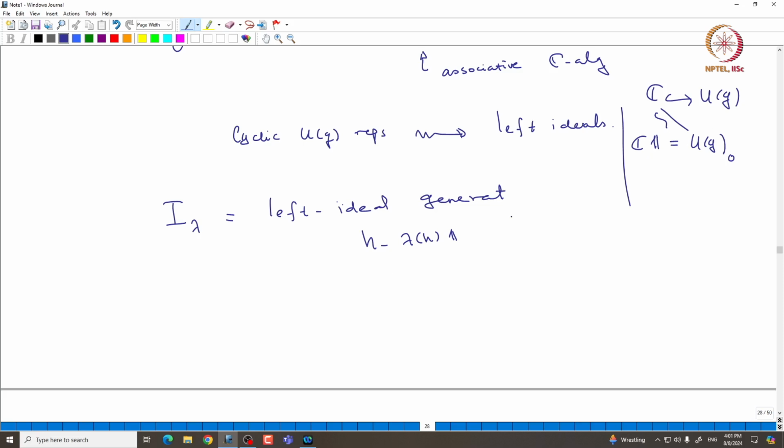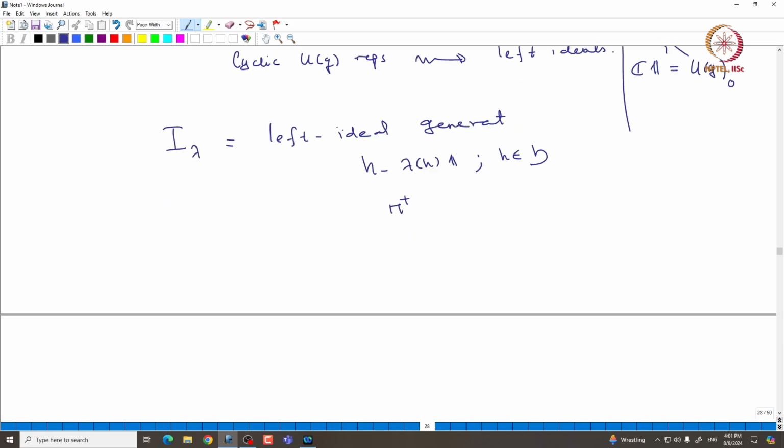Now you take H minus lambda of H for H in the Cartan subalgebra, and also all of n plus. If you take the left ideal generated by these two, then you can go modulo this, and define that to be Z of lambda.